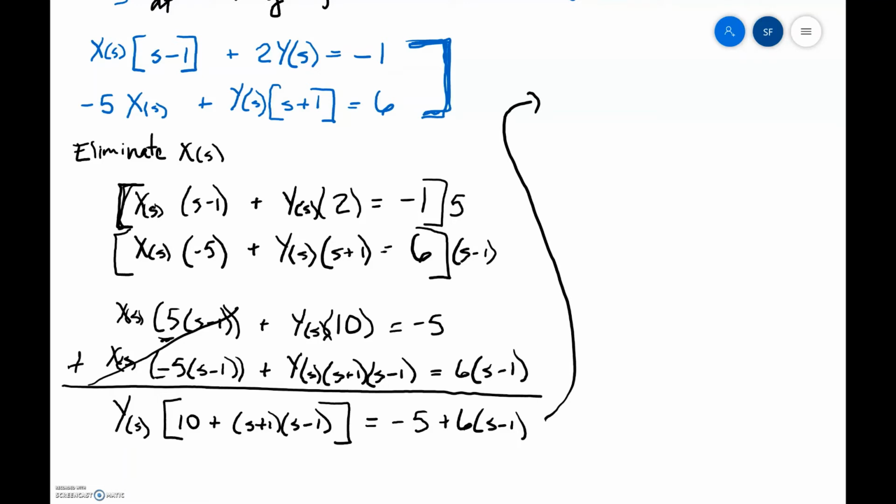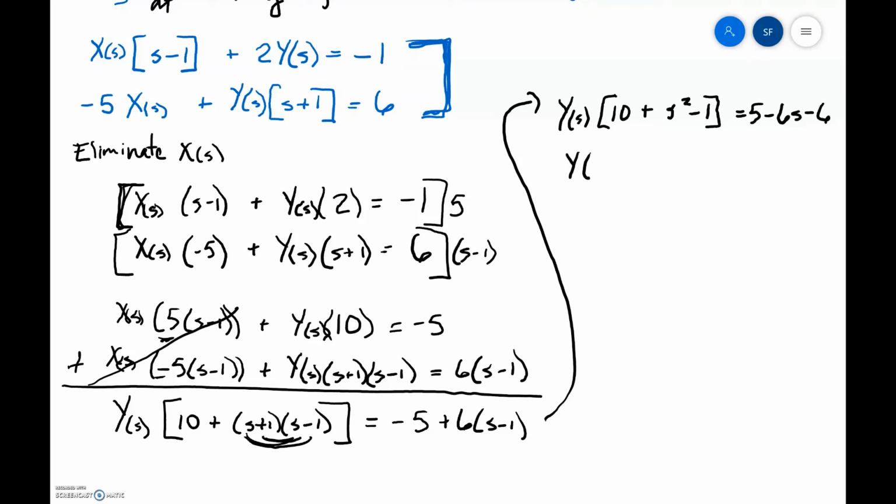So now, doing some algebraic simplifying, if I go ahead and FOIL this out, I have s squared minus 1, because the middle terms cancel out, and on this side 5 minus 6s minus 6.